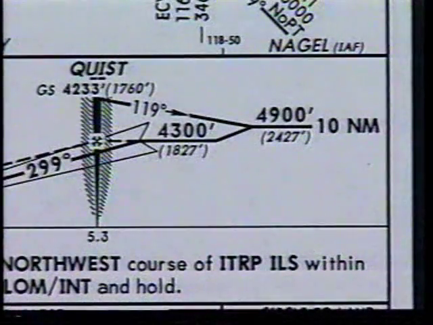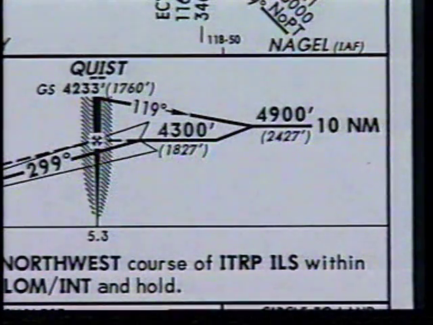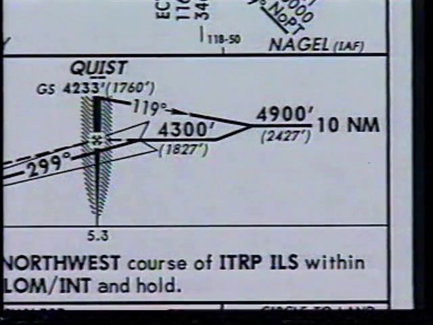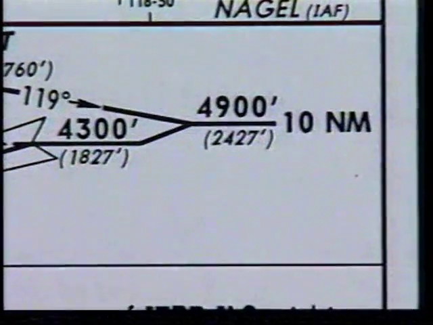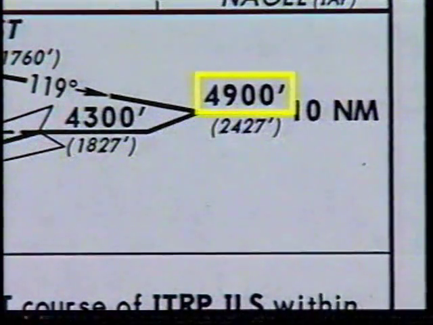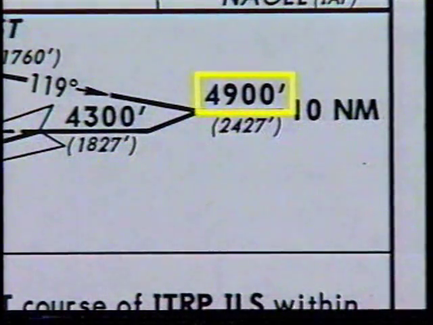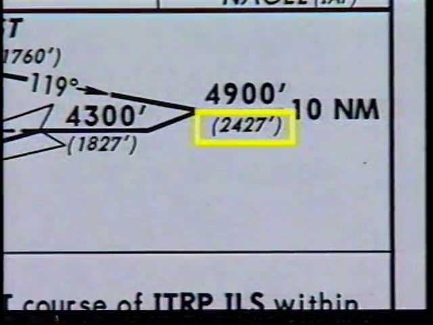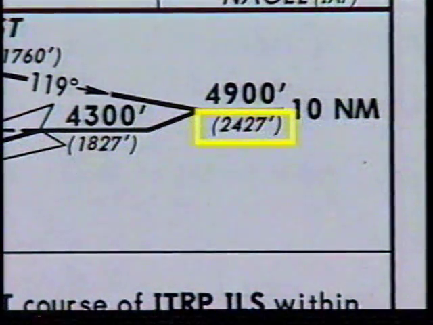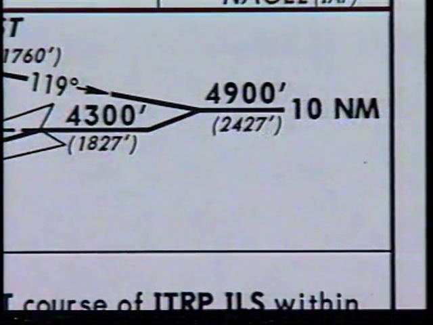The flight path begins in the procedure turn and descends outbound, which for this approach is shown to the right of Quist. The minimum MSL altitude is shown above the solid flight track line. The direction of course reversal is depicted in the plan view. The number enclosed in parentheses shows the height of the flight path above the runway touchdown zone, not the height above the ground.